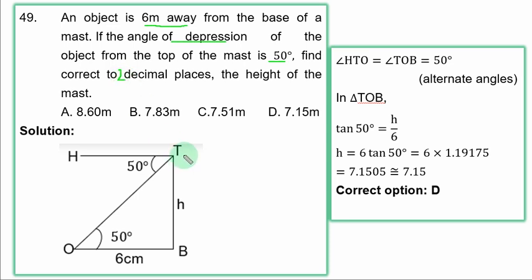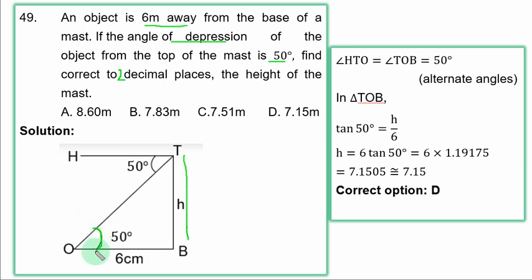So this is the height of the mast H. For us to have angle of depression, that means you have the observer here. So the eye level to this line that joins the top of the mast to the ground level is 50 degrees, and this is the corresponding angle of elevation.